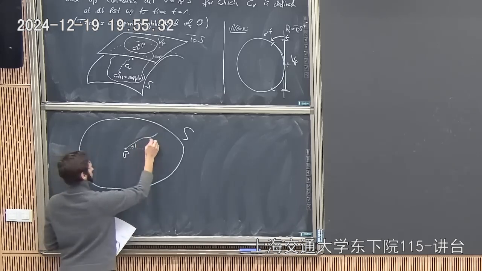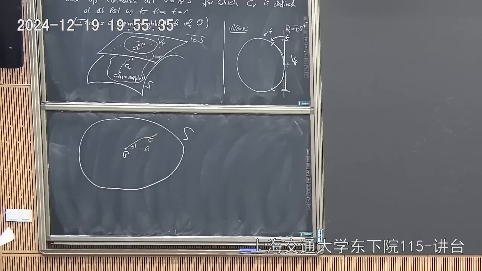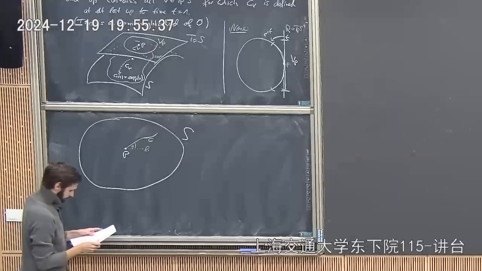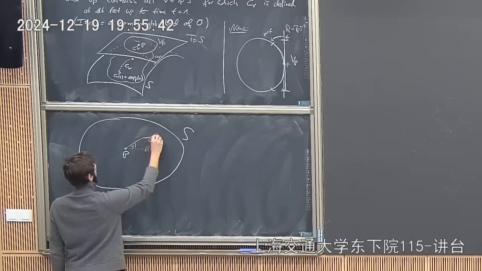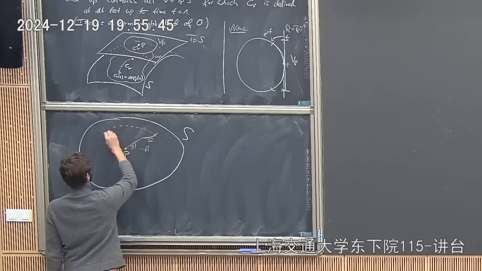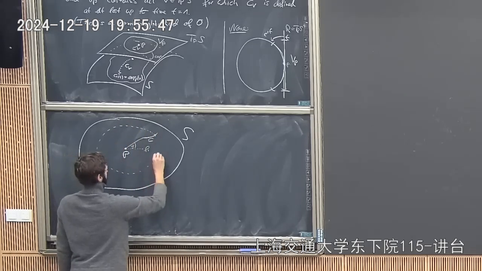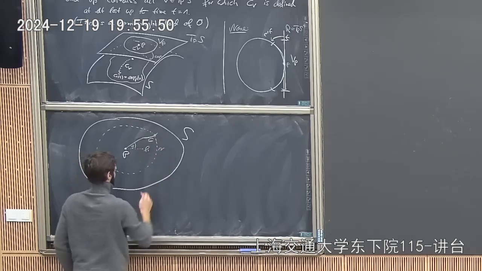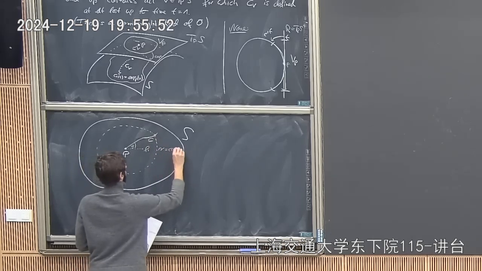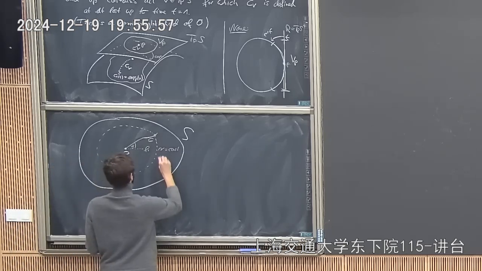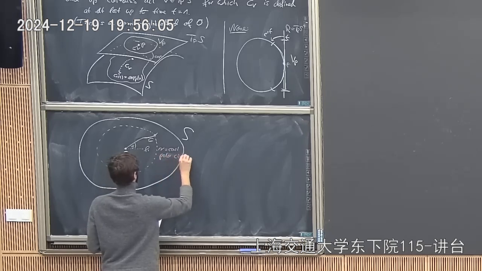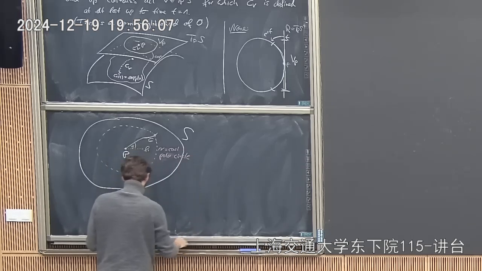So that's the geodesic curve, and at a certain radial r, we get a circle, which is r equals constant. So that would be the polar circle.